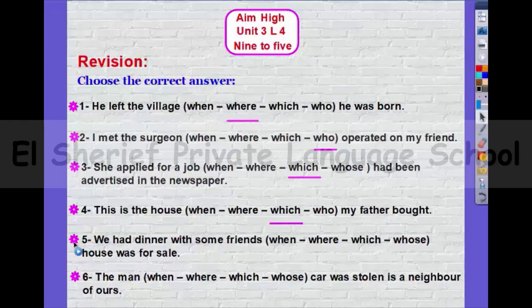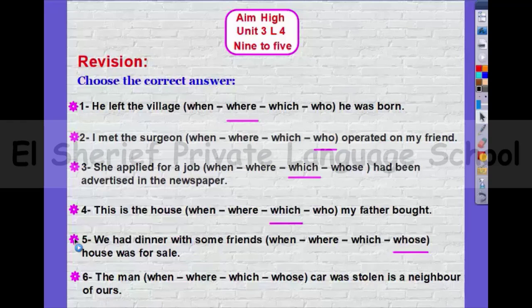I didn't say this is the house where we live. No, we treated it like an object. Number 5. We had dinner with some friends. House was for sale. So this is the owner of the thing and the thing that belongs to them. So we have house.